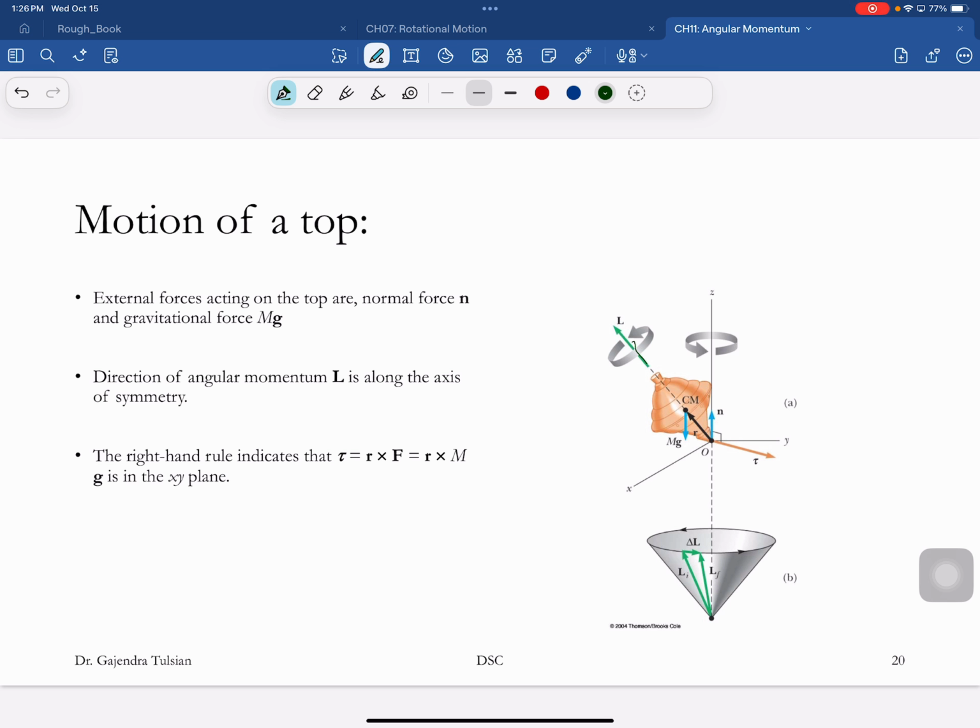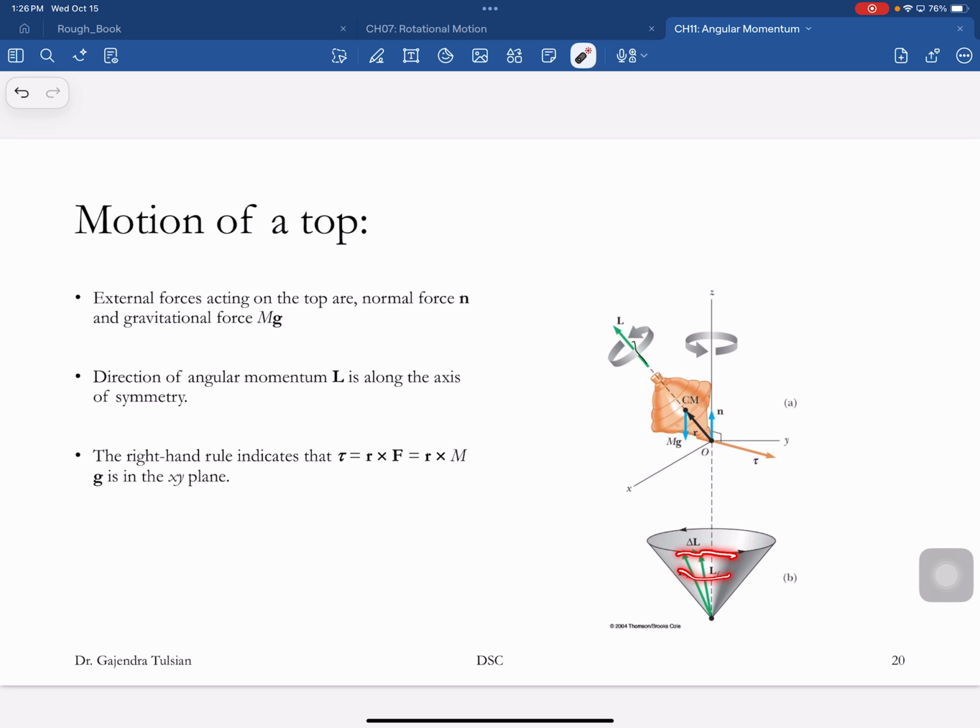So there's R, there's the R cross mg, a torque coming out of the plane of the paper. And if you gave the top a spin, that's the direction in which the angular momentum will change. So it had an angular momentum like that, and the angular momentum will change.